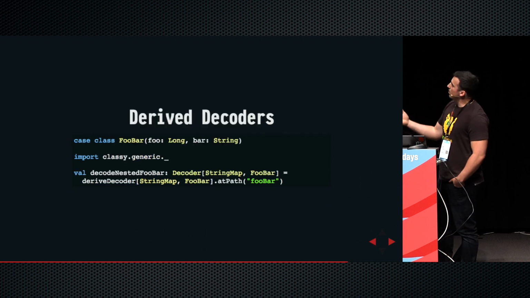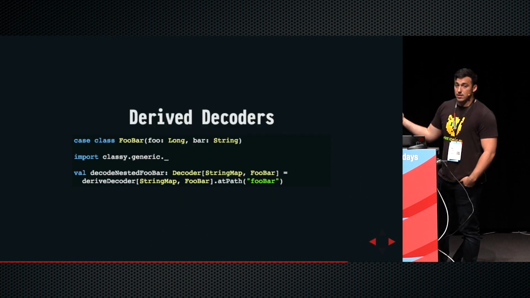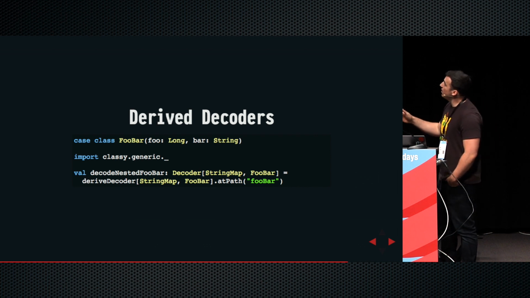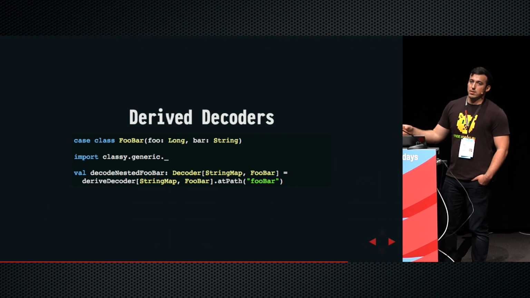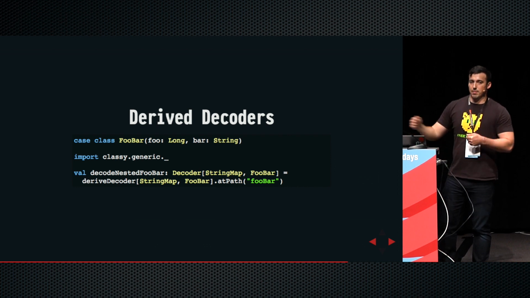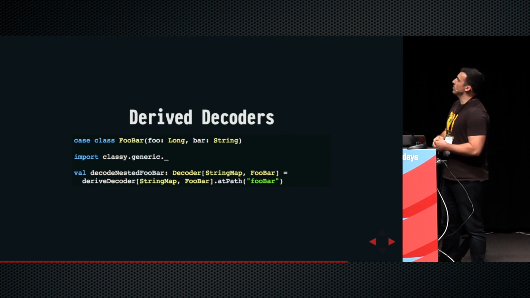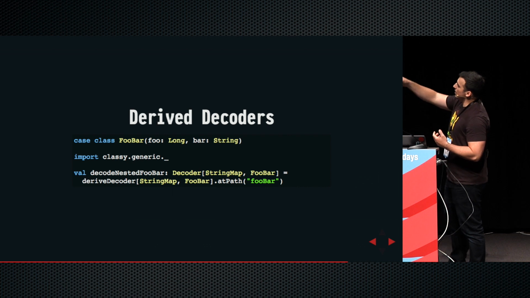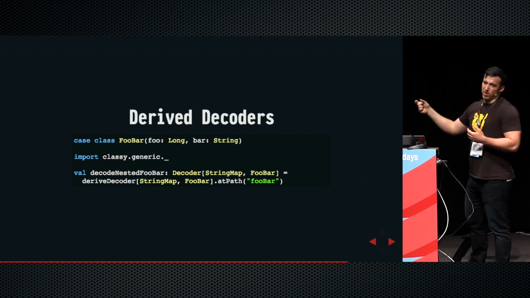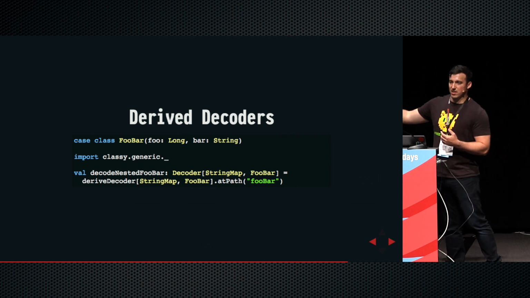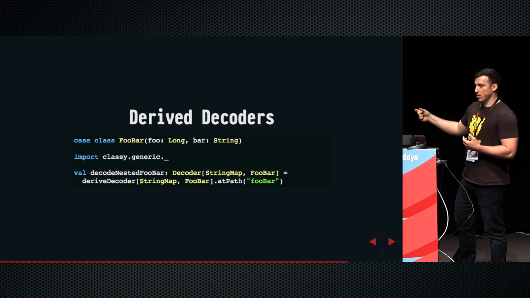So if you import the generic package from case classy, which is from a separate SBT project, so a separate dependency, then you get Shapeless driving all the decoders for you. It's doing all the work of building up the decoders using all these different combinators that we just went through. So instead of doing it by hand, you just say derive decoder from string map to foobar. It doesn't know that you want to decode a nested path, so you still have to tell it to do that, but it's done most of the work for you.